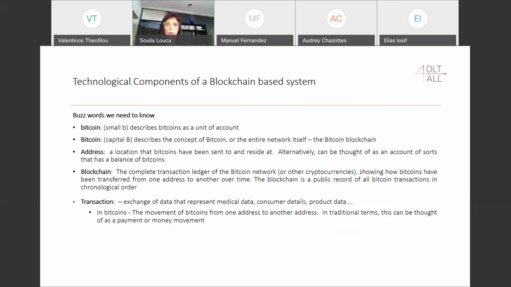Of course, we're talking about tons of data there. Transaction, as we already said, is the exchange of data that represent any type of data, medical data, consumer details, financial data, and so on.